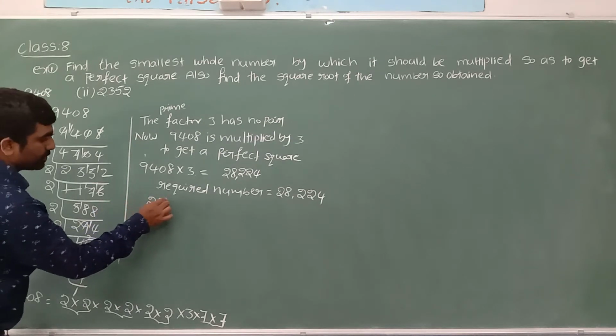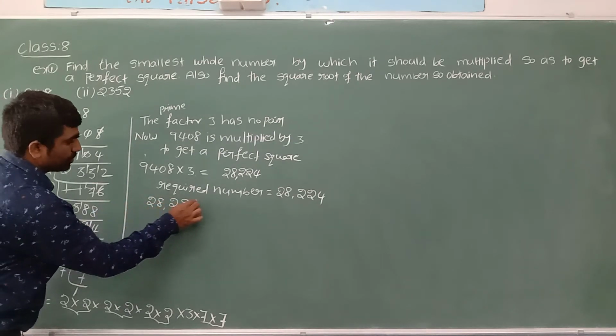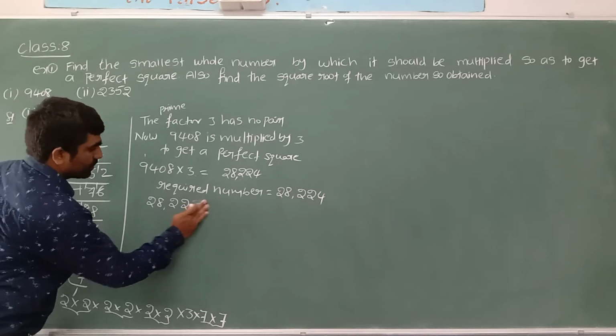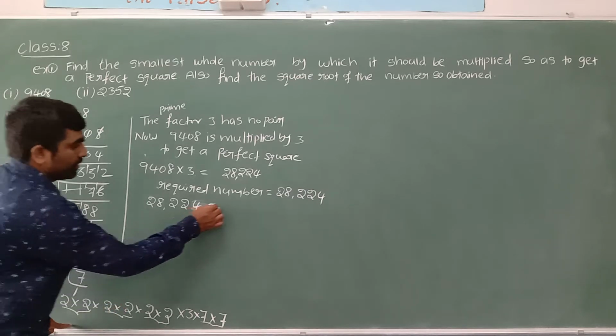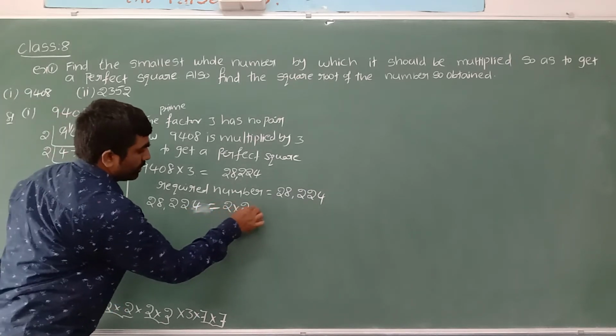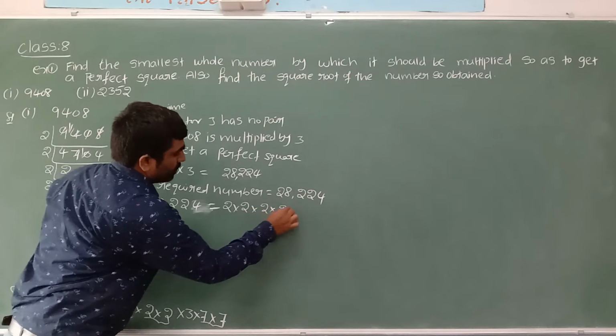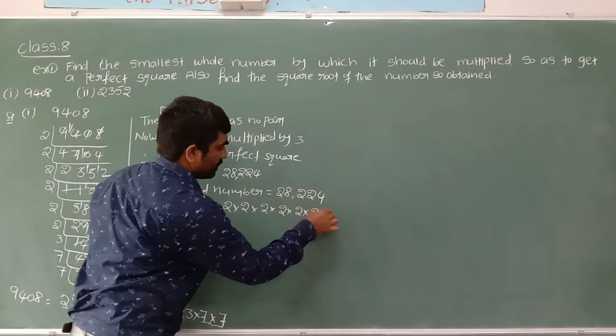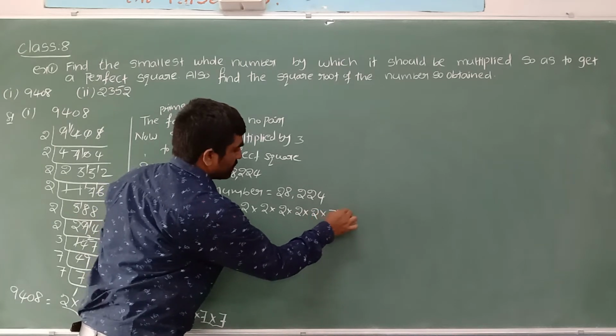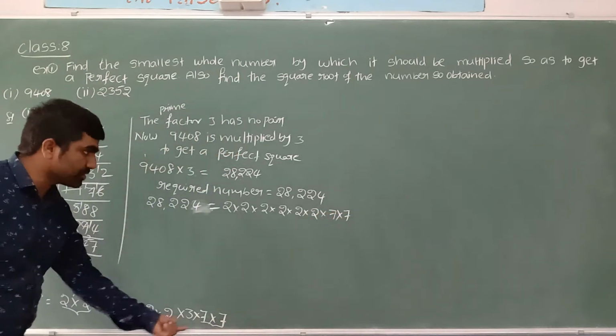So how can I write this as a product of primes? 28,224 is equal to, see, already for 9,408 we can see 2 into 2 into 2 into 2 into 2, and also we can see 7 into 7, so 3 also is there.